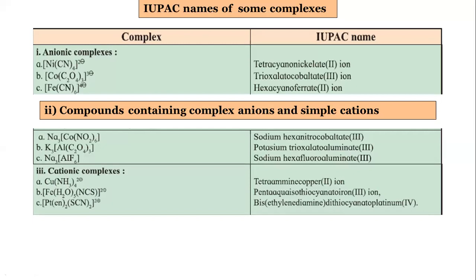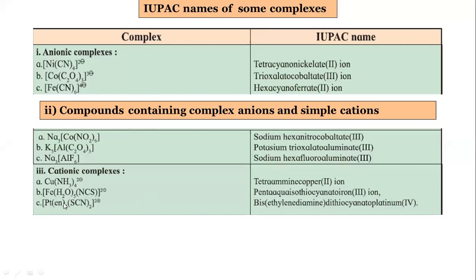There are two ligands, so alphabetically we have to decide which comes first. H2O, aqua, comes first. This is 5, so it is pentaaqua. Penta stands for 5 water ligands.